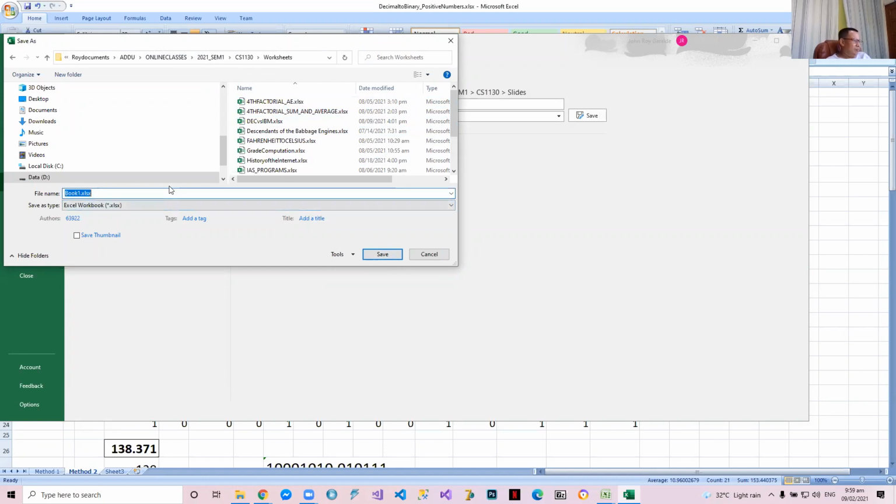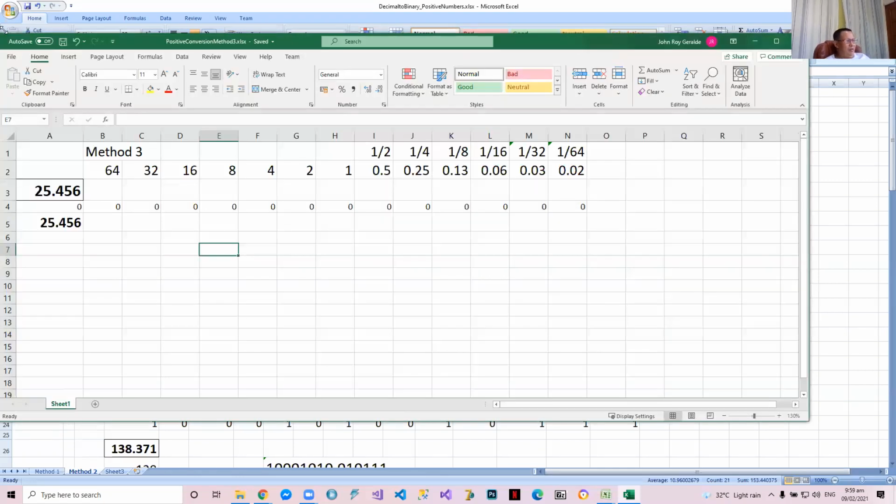We call this conversion, passive conversion method 3. Okay, this is now the third method. Okay, now you will see that this is easier. Okay, this is 24, 25, and 456. Okay?